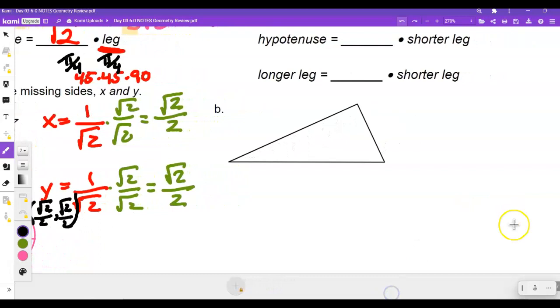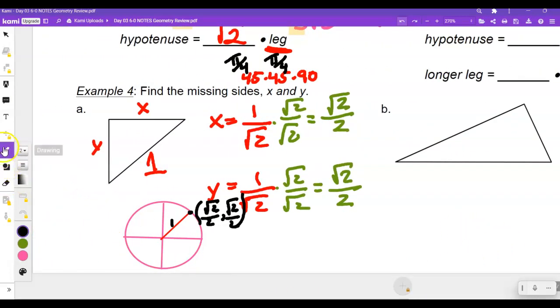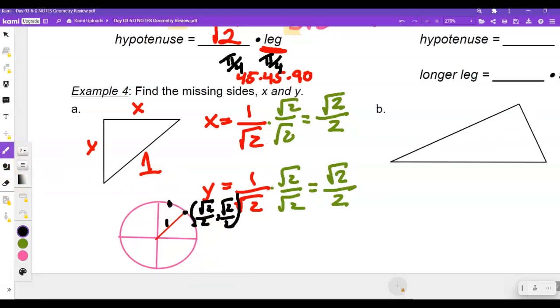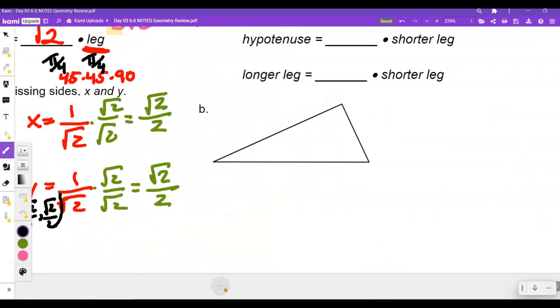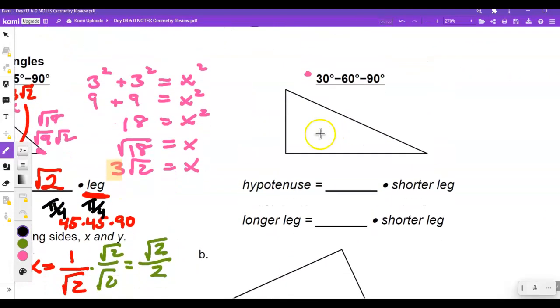All right. Now, we did the 45s, but what about those 30 and 60 degree angles as well? So then we have a different triangle with some different rules there. Let's say we start with 1. It's all based on the short leg.